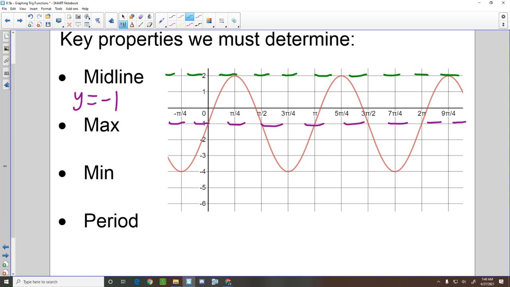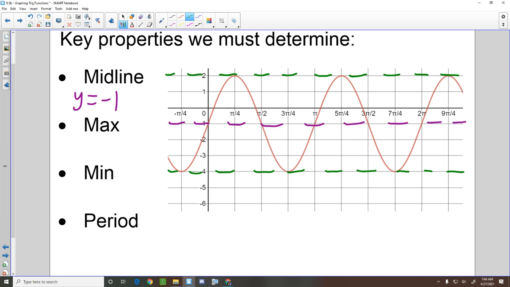Again, pretend that there is no wave yet, and we're going to use these as guidelines to frame it out. And also, if I know where the minimum is, where will those troughs be? Where will the bottoms of each wave be? I'm basically drawing these three guidelines to help me figure out how to draw my wave, how high to make it go and how low to make it go.